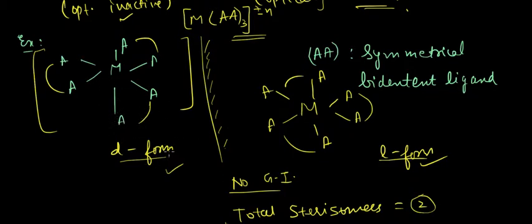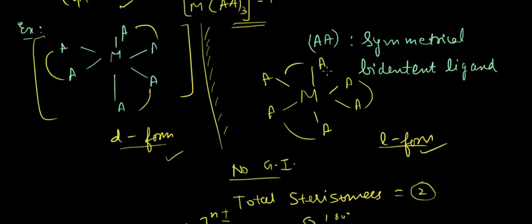Okay, so if we draw the mirror image of it, we'll get something like this, in which this axial A atom is bonded with this A atom, which is again going inside the plane or away from you.